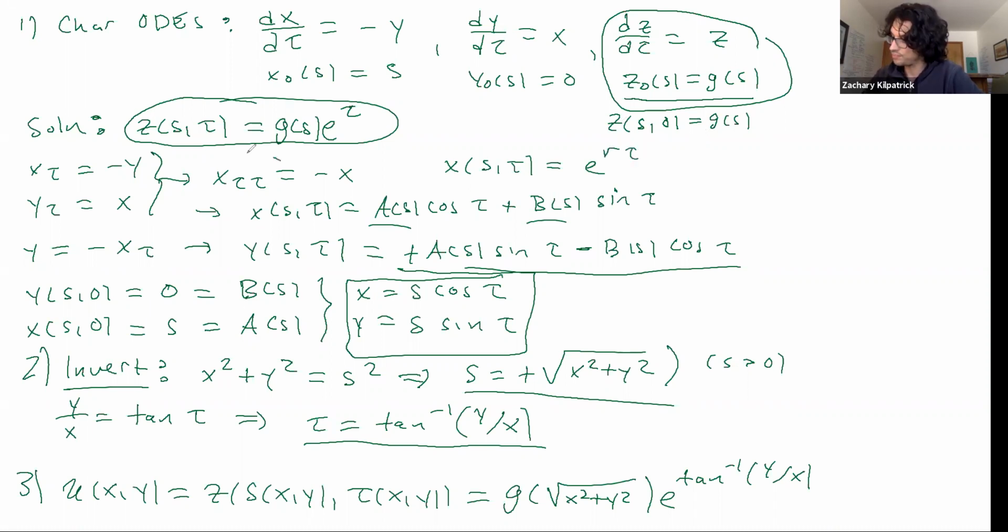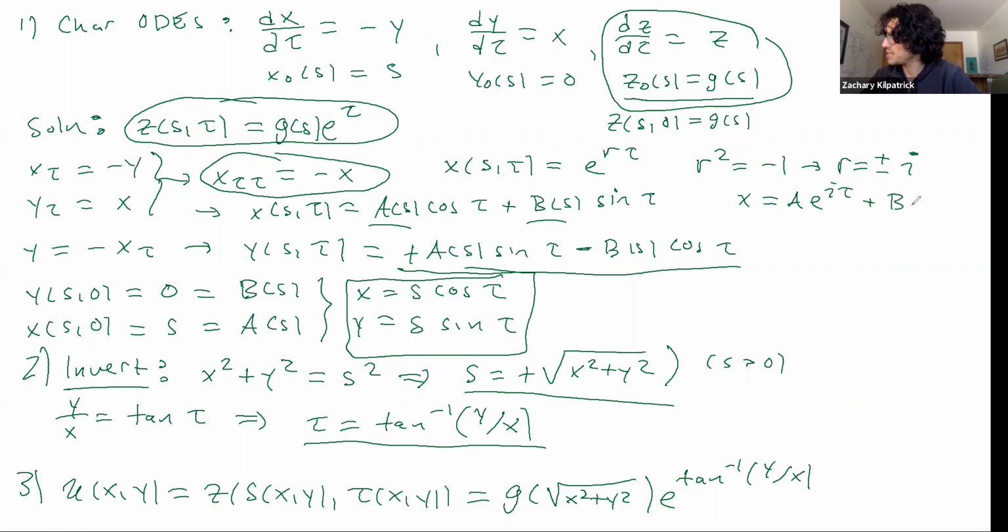And then you plug it into this, and you get r squared is equal to -1. So then this means that r is equal to plus or minus i. So you get that x's general solution looks like a e to the i tau plus b e to the minus i tau.